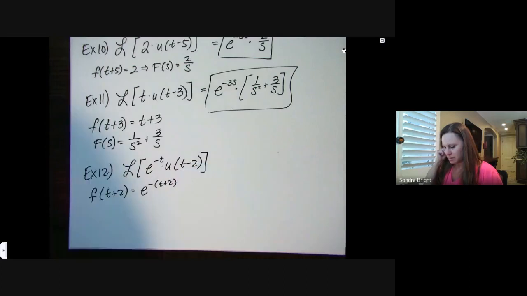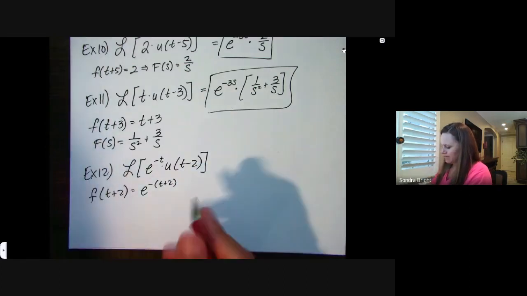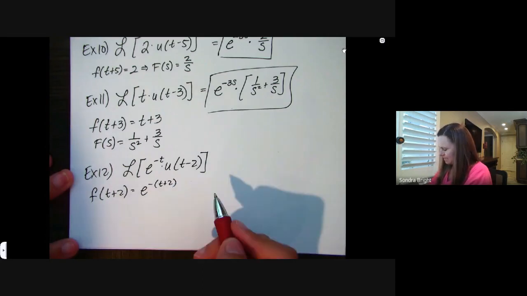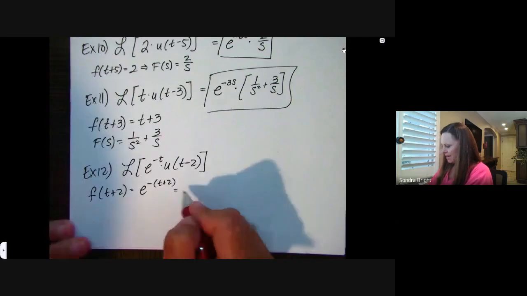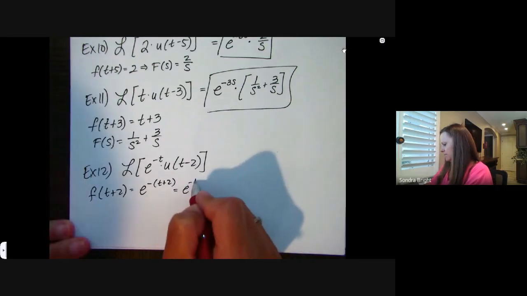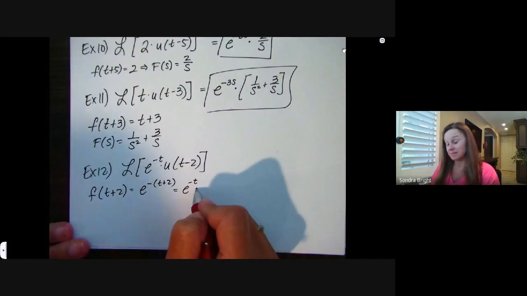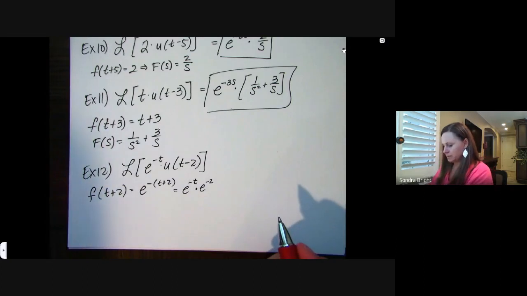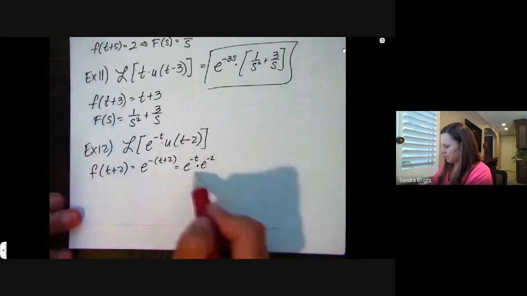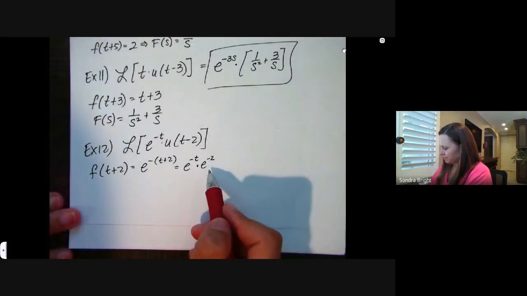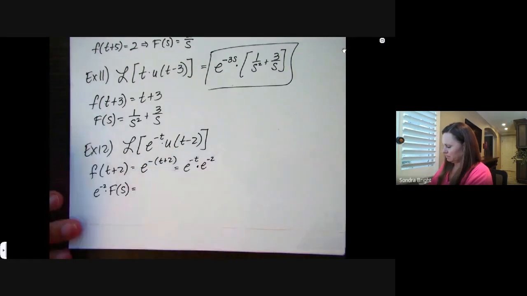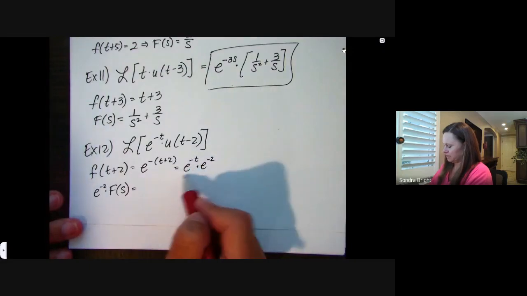Well, but this is e to the negative t minus 2, which is e to the negative t times e to the negative 2. Hopefully using just laws of exponents, right? e to the negative 2 is just a constant, right? So this is e to the negative 2 times big F of s, where your little f is e to the negative t.